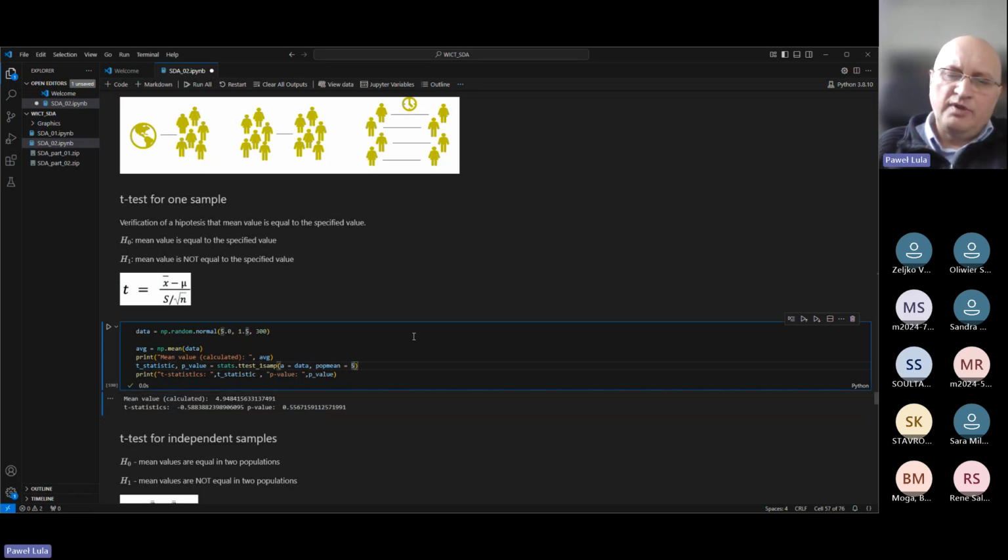And now I'm going to check if the mean value in the population from which this sample was got is equal to 6. Please look at the p-value. It is very, very small.